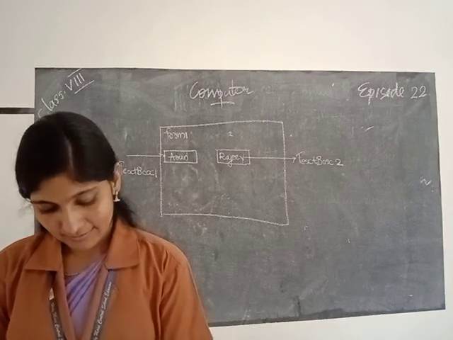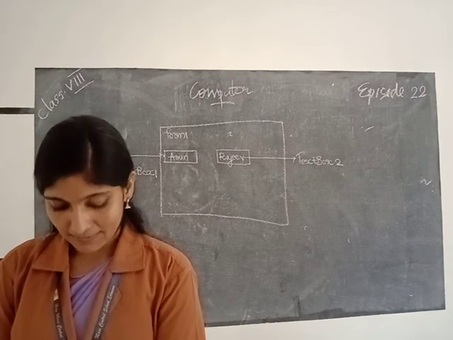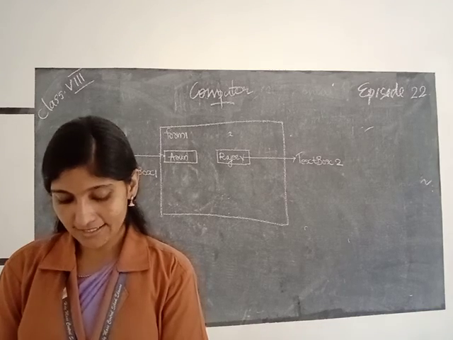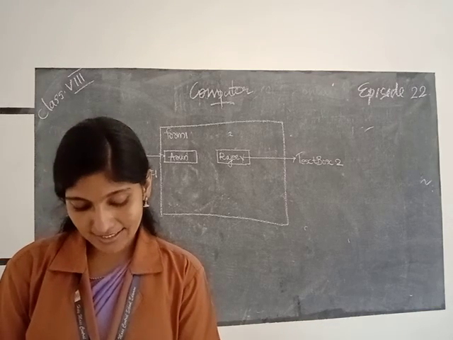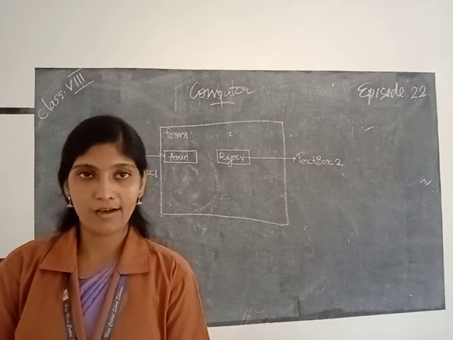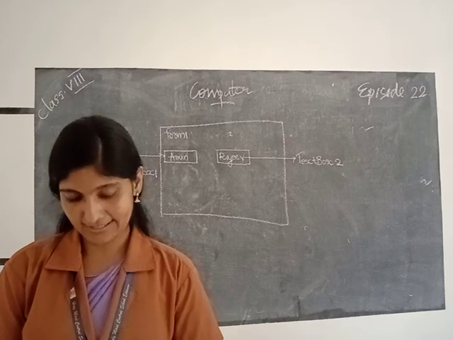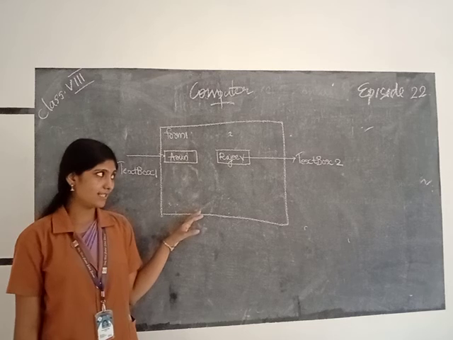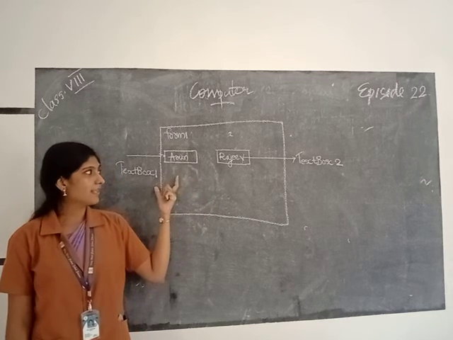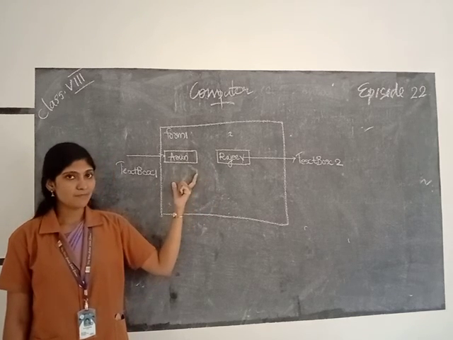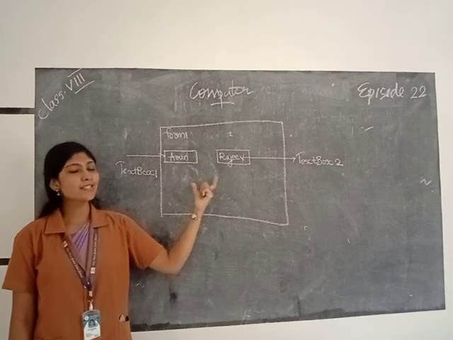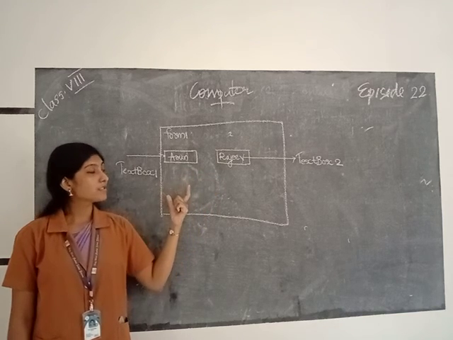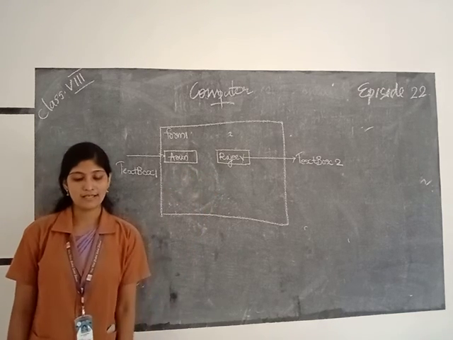Then the question: use the timer control such that the names get interchanged automatically after 600 milliseconds. So we have to set the properties to change the names in each box after 600 milliseconds.